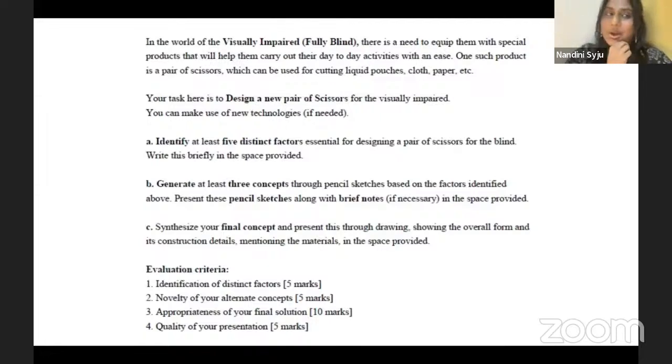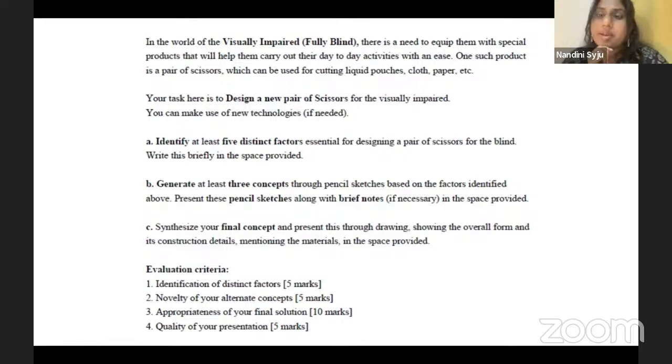All right, now let's jump into the real question. So, this was the real past paper. I'll read it out. In the world of the visually impaired, and in the bracket over here, they've given fully blind. All right, so over here, we are not considering the spectrum, we are considering only fully blind individuals.